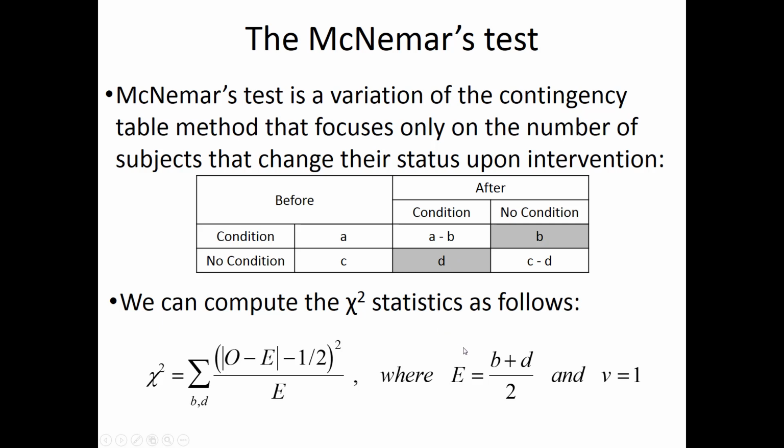The expected value is based on the average between these two numbers, or the average between the numbers that changed their condition after the intervention. We calculate the chi-square statistic as before, and we use the Yates correction.